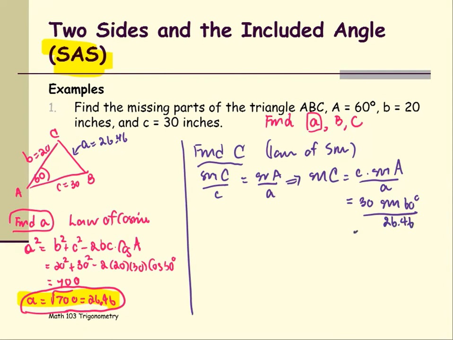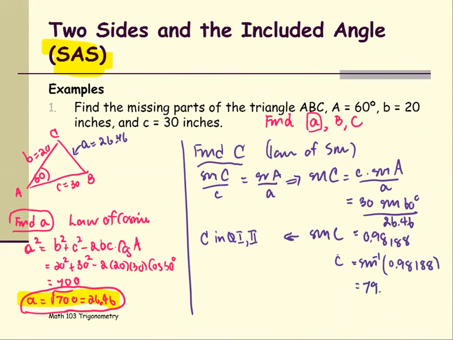The number comes out to be 0.98188 to 5 decimal places. The sine value is positive. Therefore, angle C can be in the first quadrant or the second quadrant. To find angle C, we take the inverse sine of 0.98188 and it comes out to be 79.08 degrees.